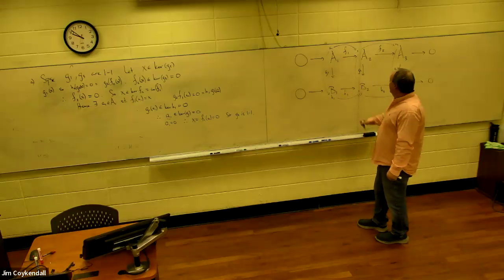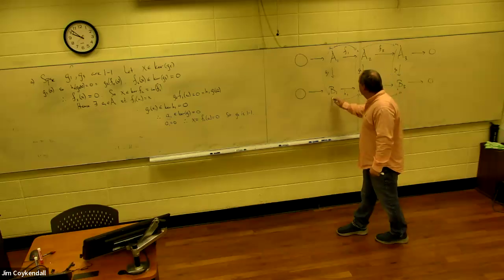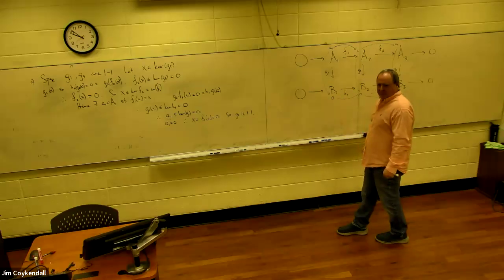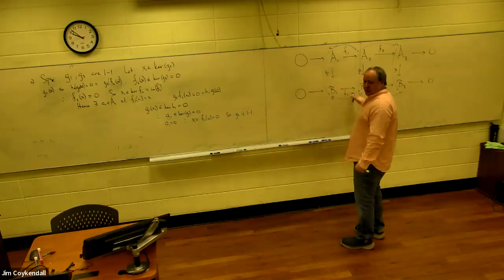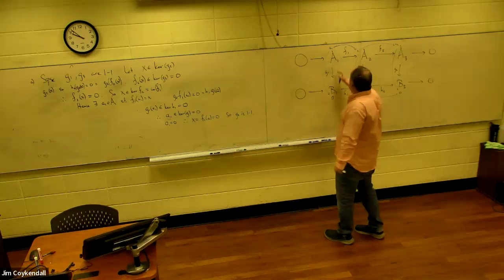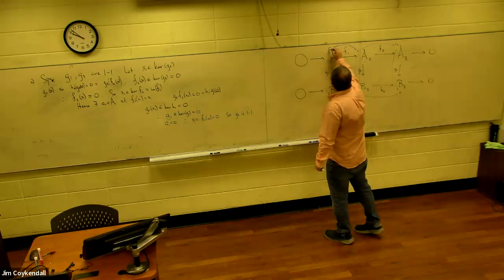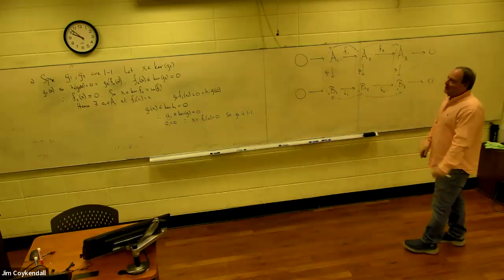B1 is in the kernel of this map, but this map is 1 to 1, so B1 is 0. And it's 1 to 1 because of the exactness of this row. So that makes that 0, which means X is 0. Everybody okay with that?